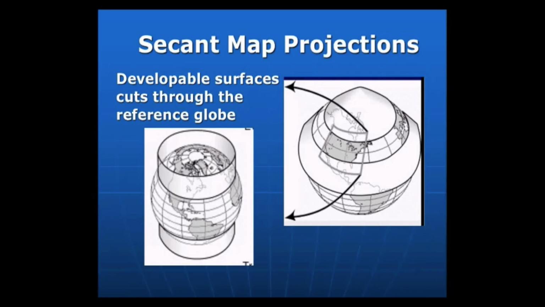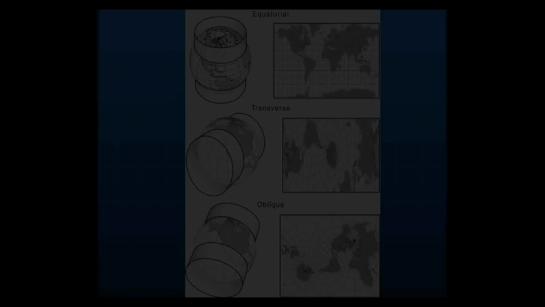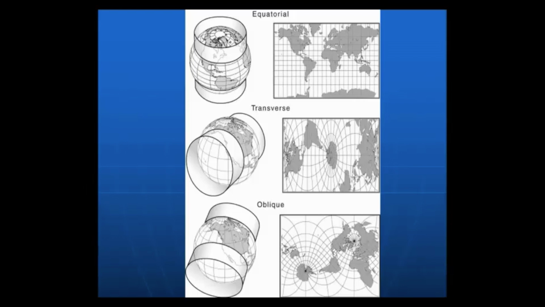So each of those developable surfaces can be secant as well. The cones, the cylinders, the azimuthals. And then spin them, slice and dice them. You could do an equatorial cylindrical, a transverse cylindrical, and an oblique cylindrical.